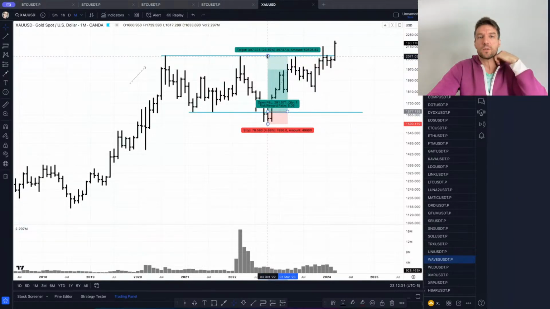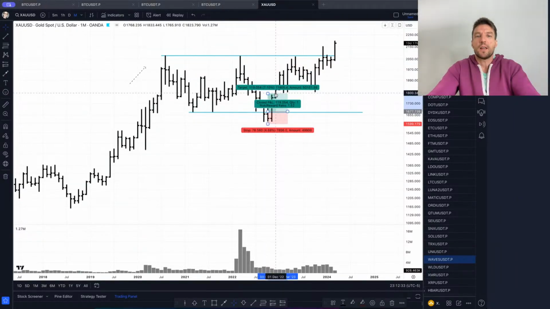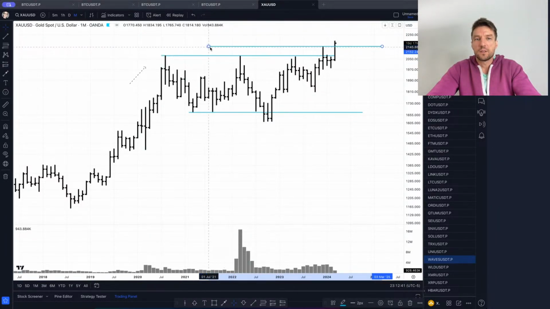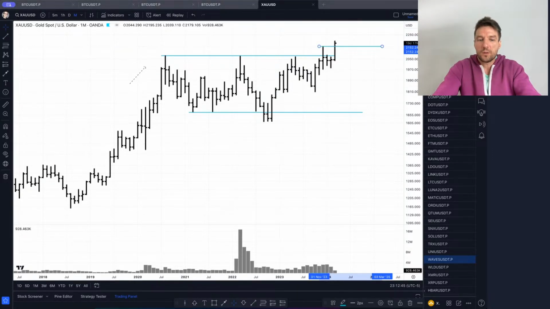1 to 5 risk to reward. So this was a trade. Now here, it's only if you're looking short. You want to buy or sell.